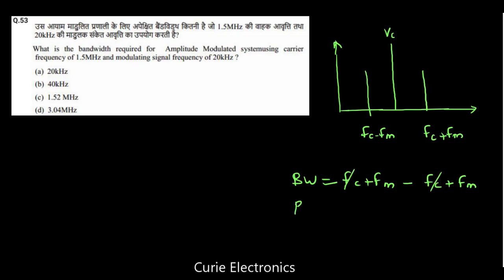Bandwidth equals 2 times the message signal frequency. What is the message signal? 20 kilohertz. So the answer is option B, 40 kilohertz.